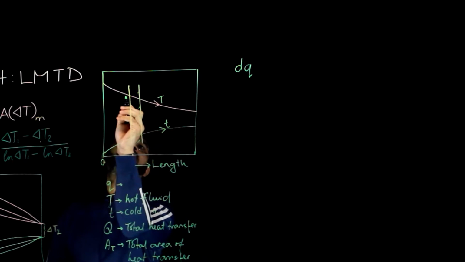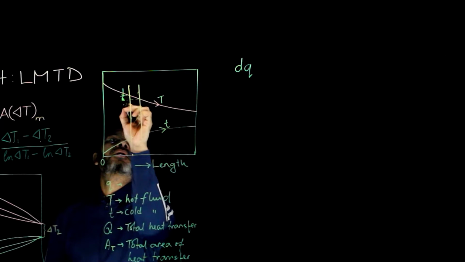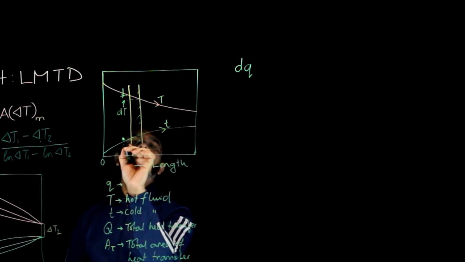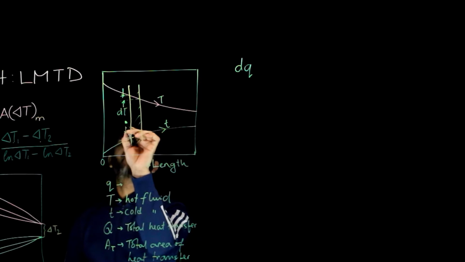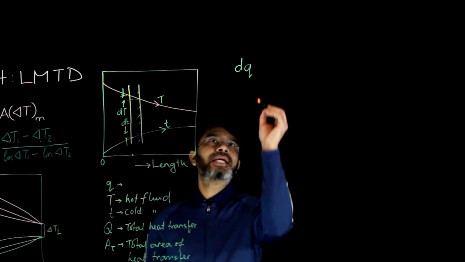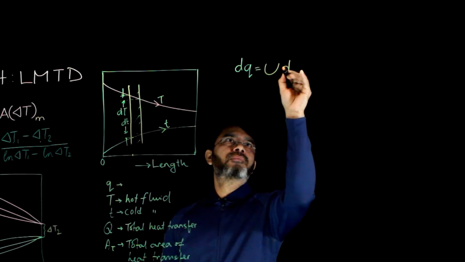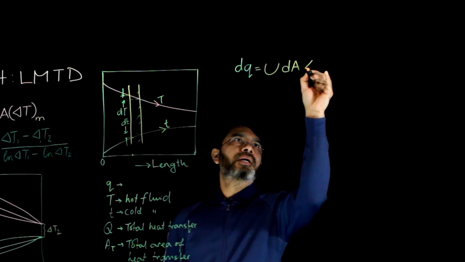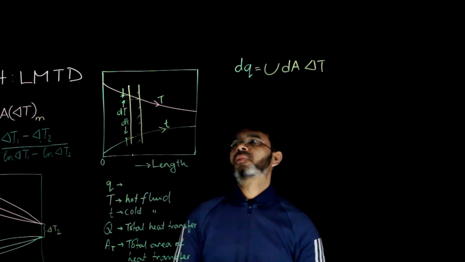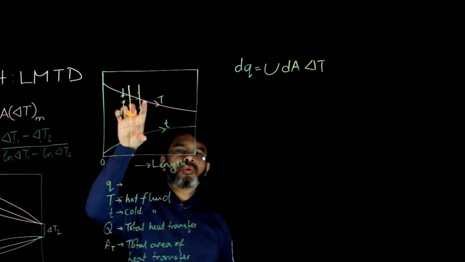So the temperature change of the hot fluid is given by dT here, and the temperature change of the cold fluid is given by dt, small. Now we can write for this segment dq equals U dA delta T. Now delta T is the temperature difference between these two fluids at any point.